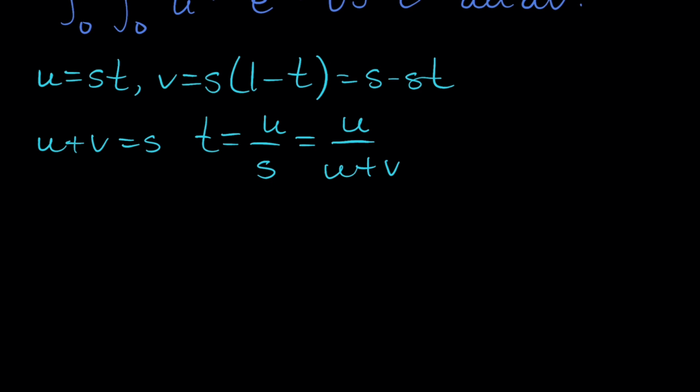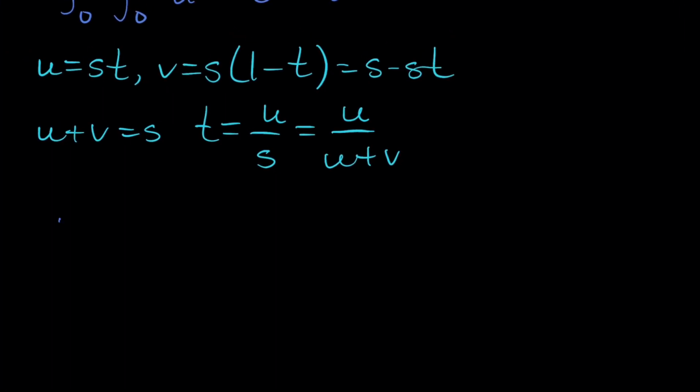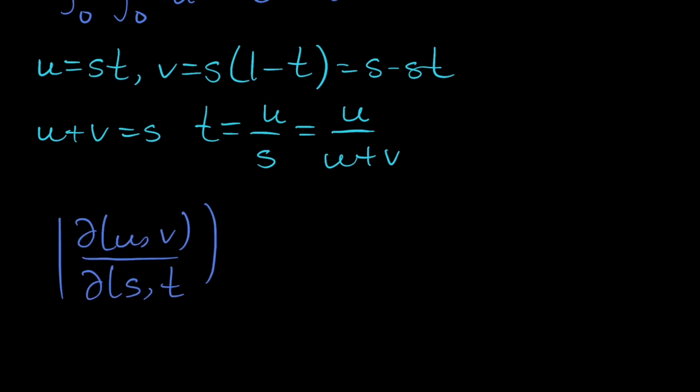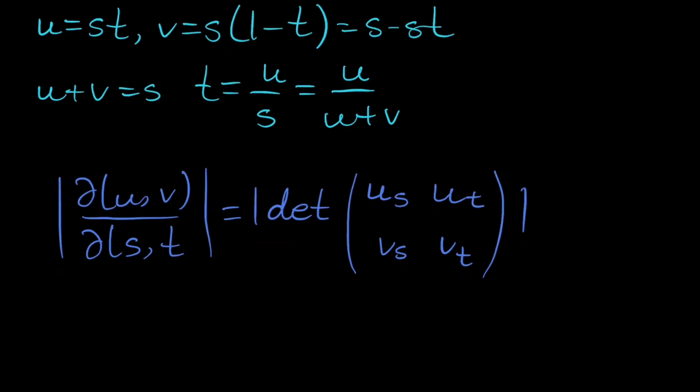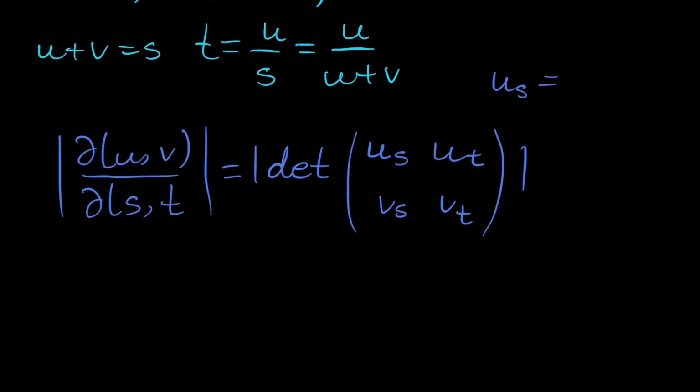And what is that? So the absolute value of the Jacobian matrix is equal to the determinant of u_s, u_t, v_s, v_t. And I'm using u_s to mean the partial derivative of u with respect to s.